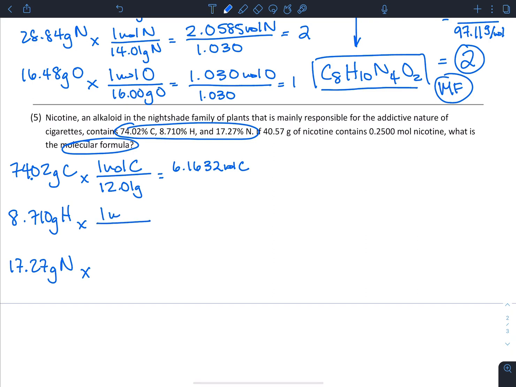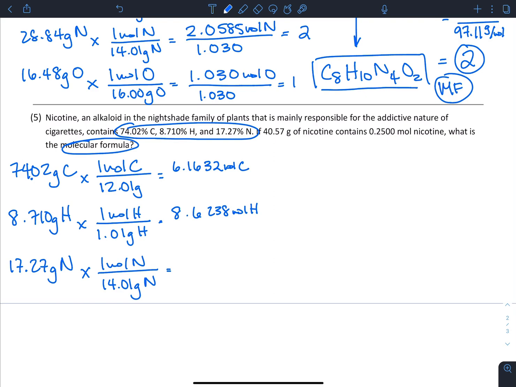For hydrogen, 1 mole of hydrogen has a mass of 1.01 grams. So I'm going to get a value of 8.6238 moles of hydrogen. And then for nitrogen, 1 mole of nitrogen has a molar mass of 14.01 grams. That gives me a value of 1.2327.